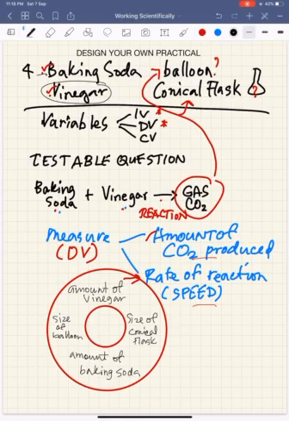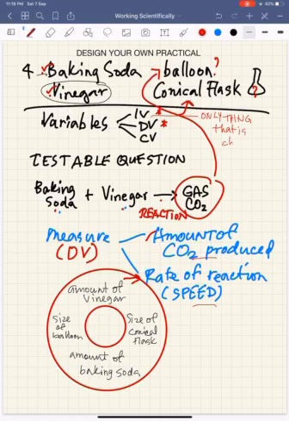Of all these factors, which one do you want to be the independent variable? Take note, the independent variable, if you remember from our discussions, is the only thing that is changed.